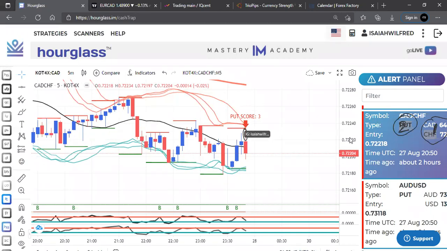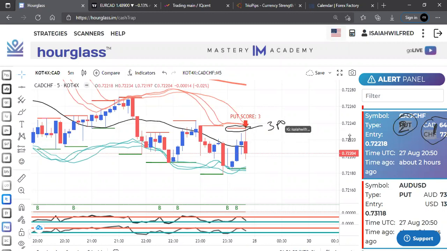Just before the market closed, this would have been a nice trade to enter, but it's so unfortunate we didn't actually see it. So it actually came to that red line.